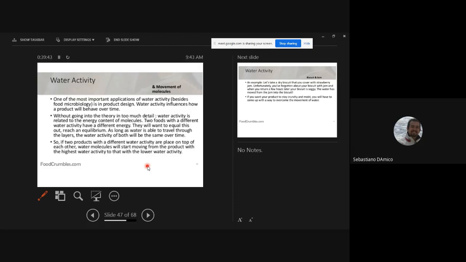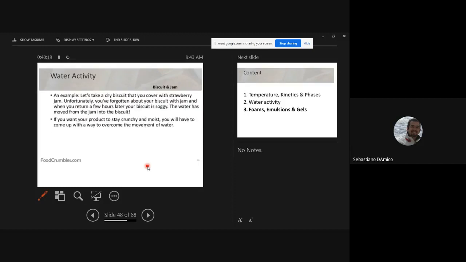The classical example that we can use to visualize this is a cookie and jam. We put the jam on top of it, and no matter if we keep this system of two different materials with different water activity in this position, so biscuit below and jam on top, or vertical, or upside down, always what happens to the cookie?